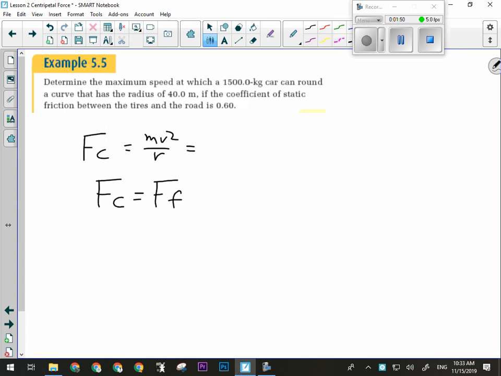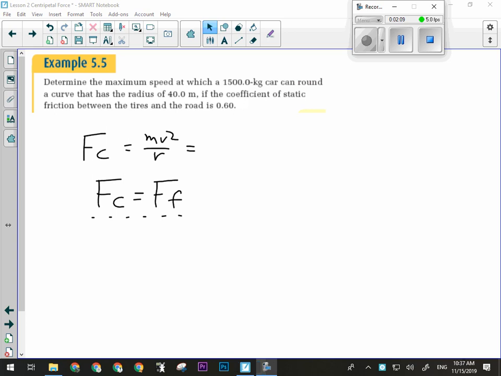I'm going to give you a few minutes to copy that question down. This should give you a start on it. See if you can solve for how fast this car can go around this corner, being held only there by friction. Okay, so I'll give you a few minutes to see if you remember how to do that.